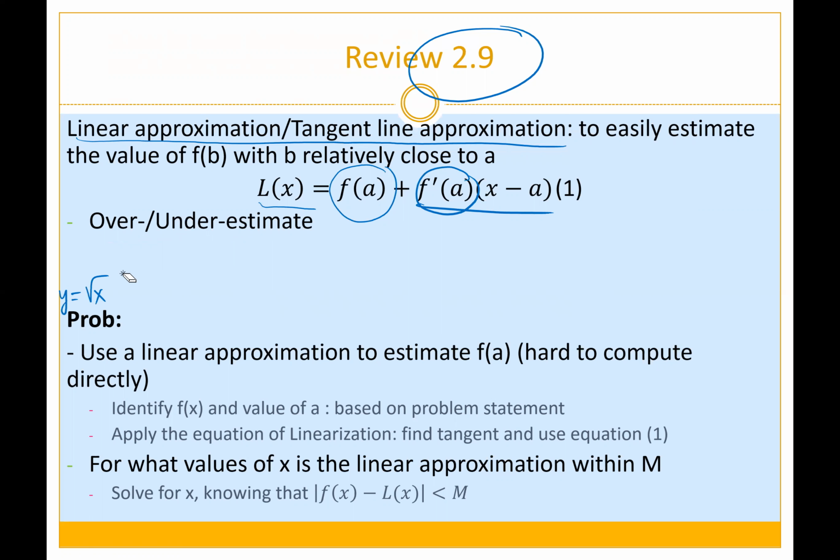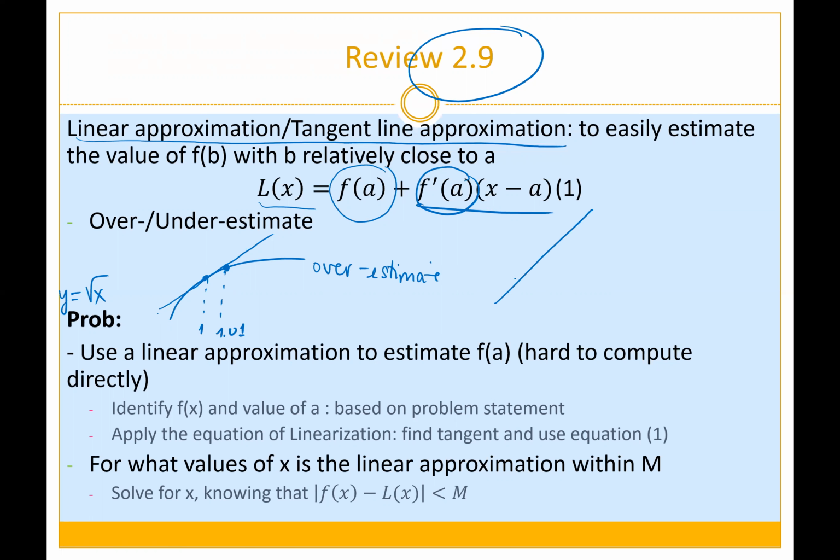Say you want to find a point here with a tangent line, so this is at 1, and this is at 1.01. A tangent line approximation like this is going to be an overestimate, because the estimate value based on this graph is higher than the actual value.